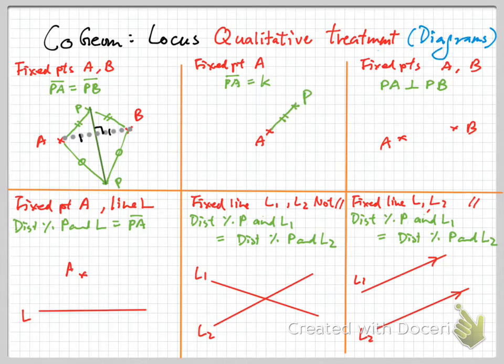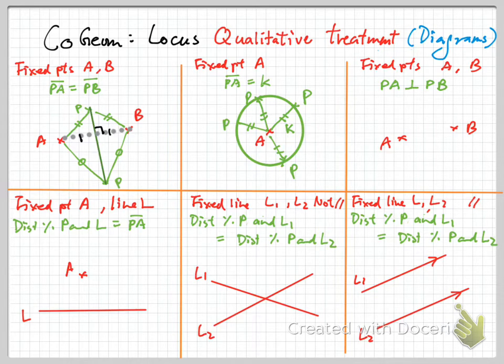In that case, the locus of P will be a circle with center at A, so that regardless of where the point P is, the distance is always the same. Point P can be anywhere along the circle. Say the constant is k, which will be the radius of the circle.